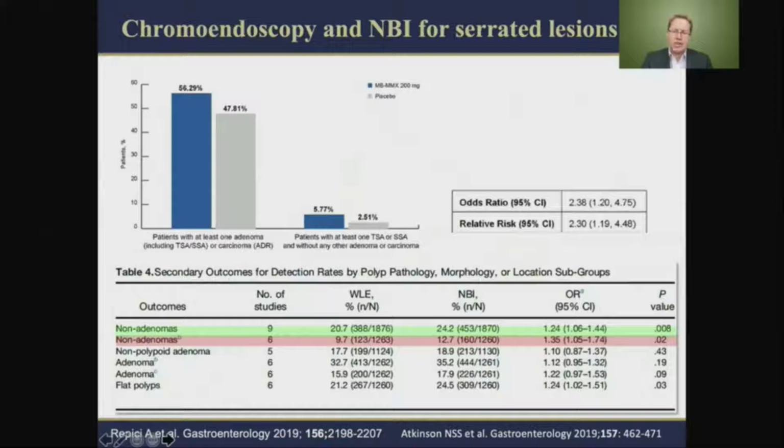For narrowband imaging, this is some data for individual patient meta-analysis, which is how meta-analysis used to be done, and you can see for non-adenomatous polyps in the right colon, which are almost all serrated lesions, we can see, again, this is an odds ratio, not a risk ratio, so a bit more conservative, 1.35 in terms of improved detection.